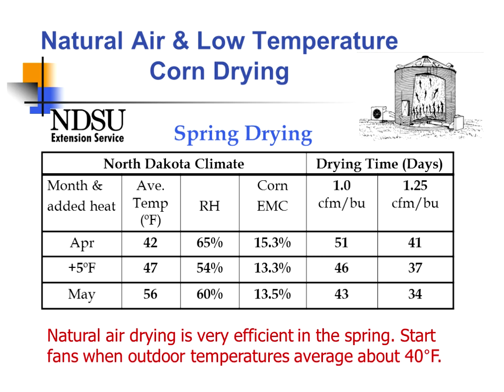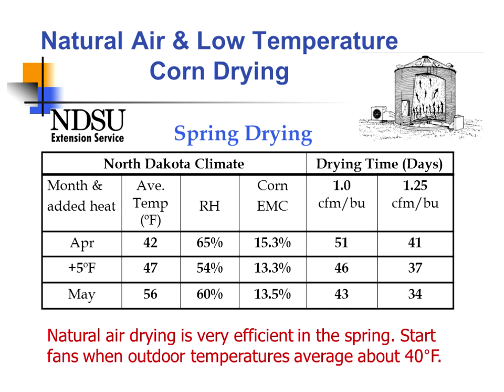If we look at May conditions here in North Dakota, we're looking at an average temperature of 56 degrees, 60% relative humidity. We're able to dry the corn down to the moisture content we want for summer storage, and we're doing it in about 43 days.